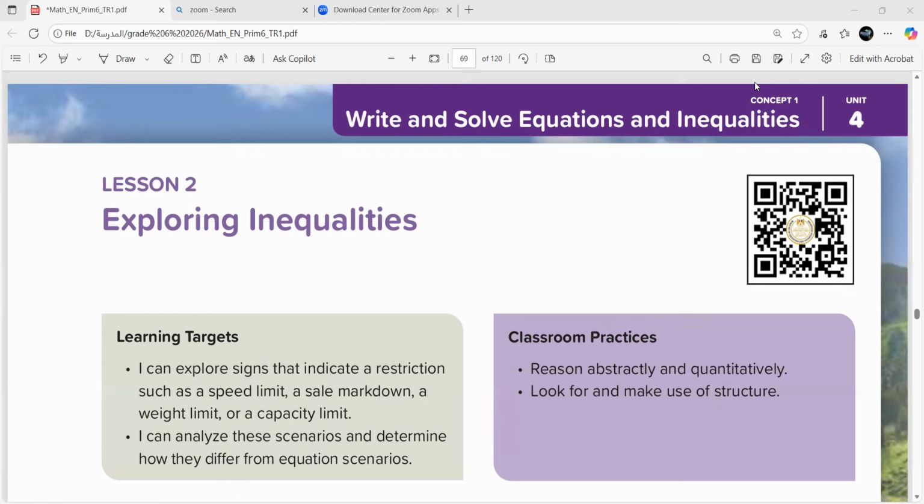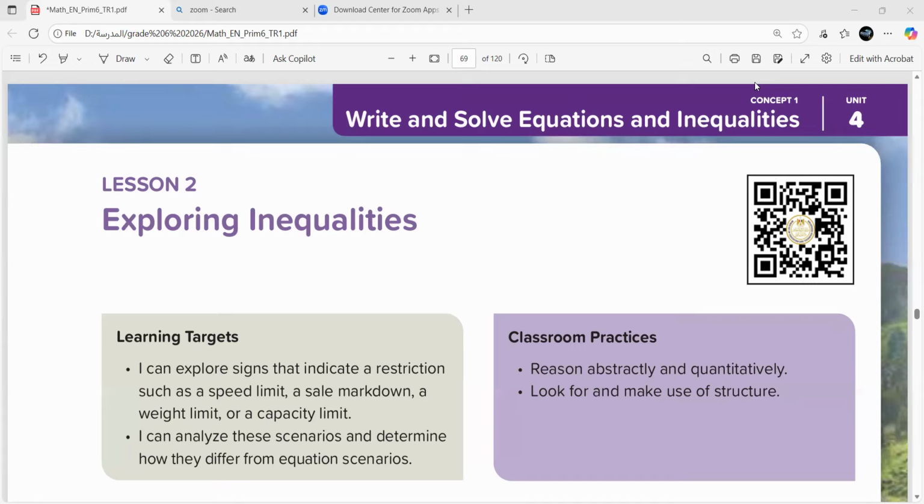What is the inequality? The inequality is a mathematical sentence also, but it doesn't contain an equal sign, but contains an inequality sign. What does this mean? The inequality sign is either greater than, smaller than, or greater than or equal, or smaller than or equal.